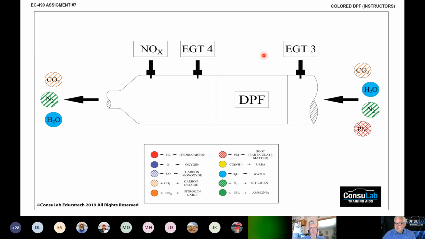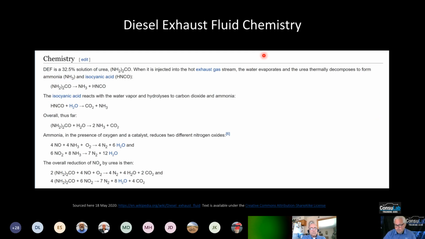So we don't necessarily need to get into all the chemistry, but we do need to understand that this is a closed system and that it has a purpose. And that purpose is the last output down here is to end up with NOx, water, and CO2.